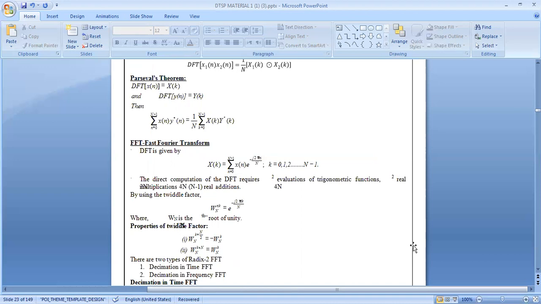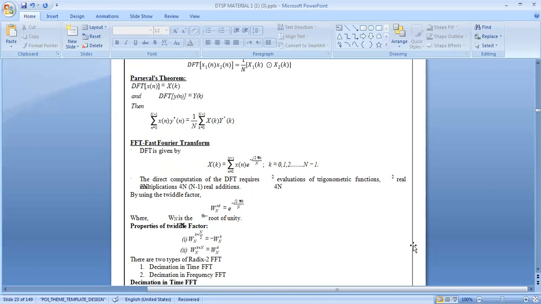If you replace k equal to 0, your answer will be W_N to the power of 4 equivalent to minus W_N to the power of 0. Suppose you use k equal to 1, then W_N to the power of 5 is equivalent to minus W_N to the power of 1. This will continue. This is the first property.